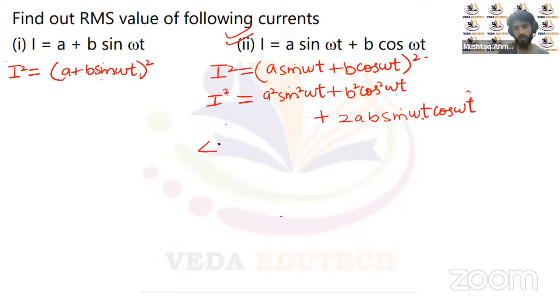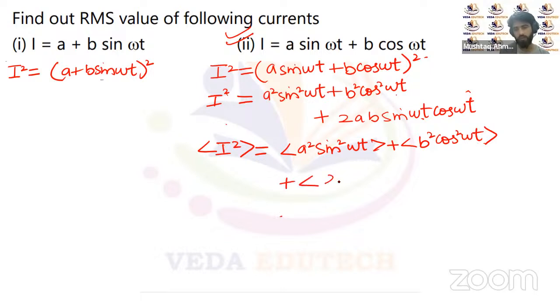So we'll just take the mean of this I square, that will be the mean square. So it has to be the mean of a square sine square omega t plus the mean of b square cos square omega t and the mean of 2ab sine of omega t cos omega t.